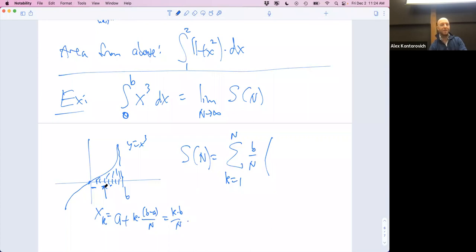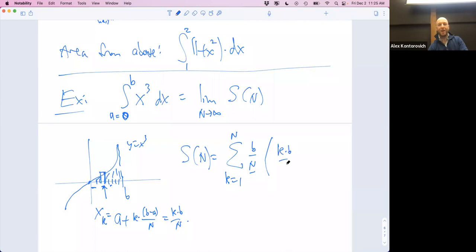Does everybody see that? Because a for us is 0. So far, so good. And what's the height? The width of the rectangle is this. The height of the rectangle is that thing cubed, exactly.